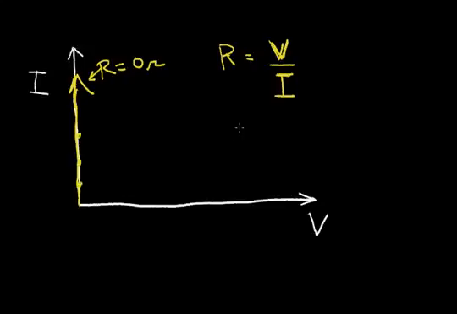Now, if I want to plot an infinite resistance, it'll plot on this axis. An infinite resistance won't allow any current at all. So the current will be 0, and the voltage can be quite large.